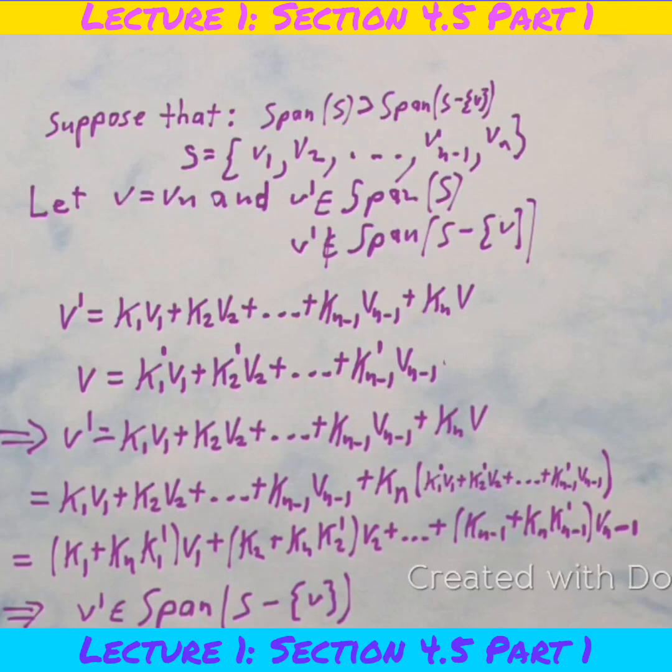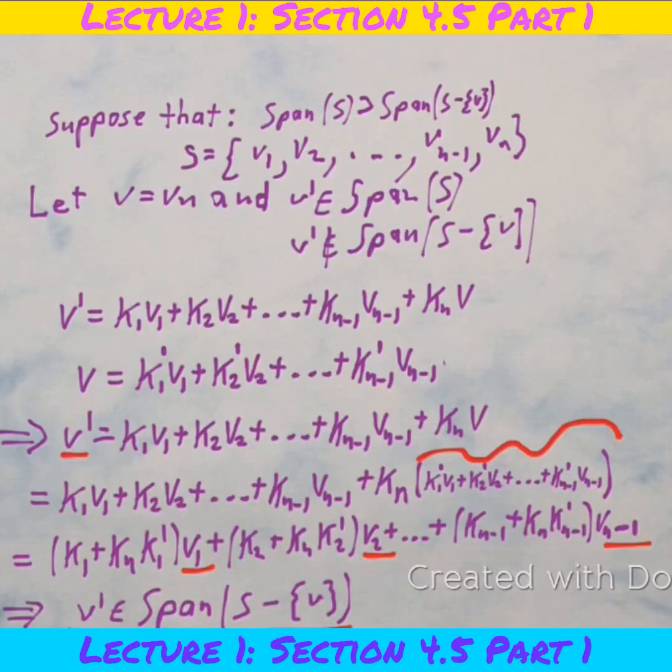Plugging it in, we get a new expression for V prime, and that is the term that I plugged in. Then simplifying, I've just expressed V prime as a linear combination of vectors v1, v2 up until vn minus 1. And this means that the vector v prime is in fact in the span of S minus V.